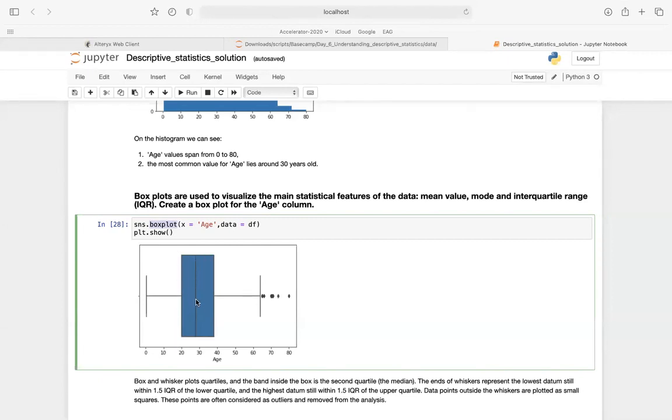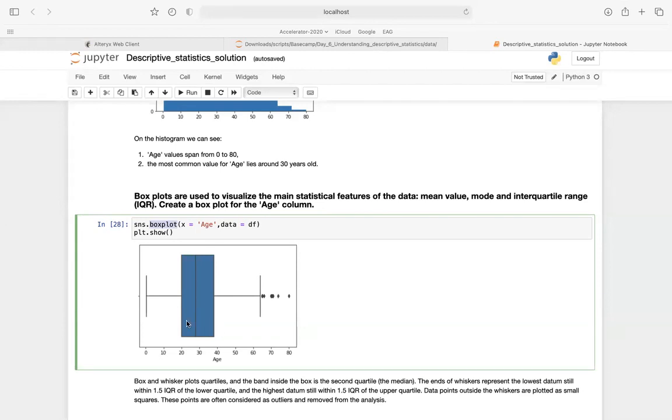This middle line that you see is the median value. Mind it, guys, this is not the mean value, this is the median value. This particular line is called the 75th quartile. So in a box and whisker plot, the band inside the box is the second quartile, the median value.